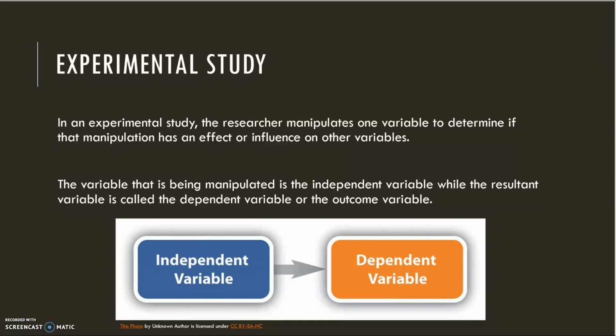An example of this would be, say, a study on a class where the independent variable is whether students receive instructions on how to complete an assignment or not. The experiment is to see if the instruction that they received, for those that received it, will have an influence on the grades the students achieve on that particular assignment. The dependent variable or outcome variable would be the grade that the student receives on the assignment.